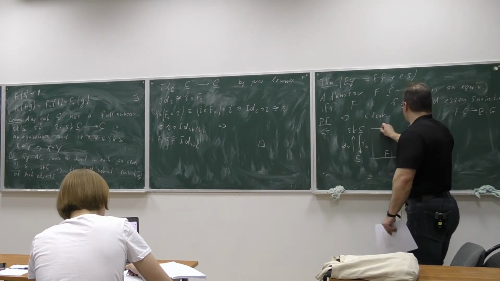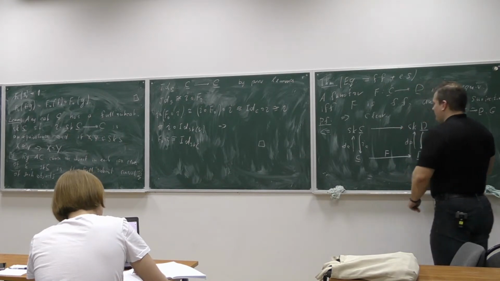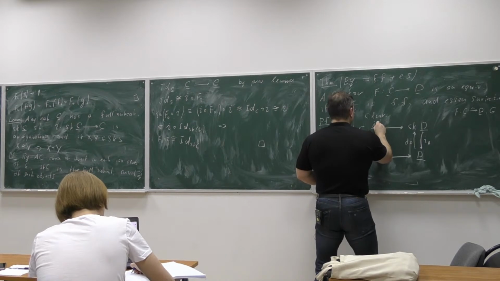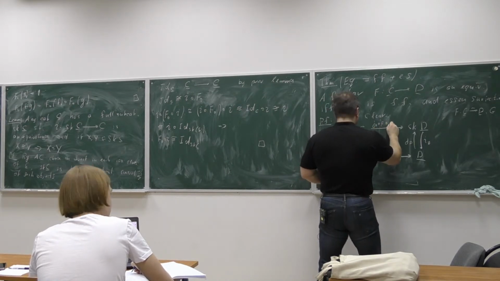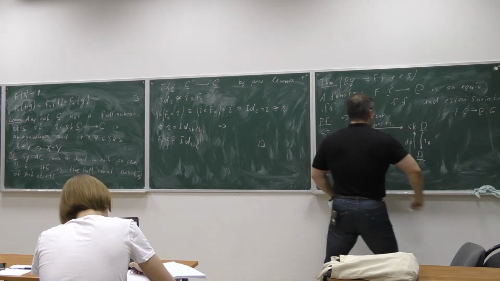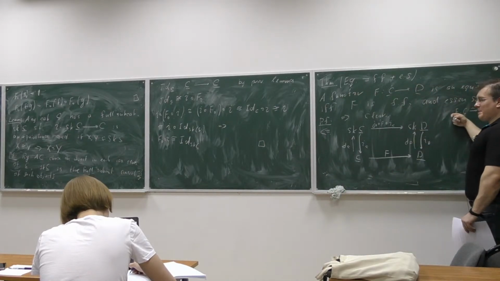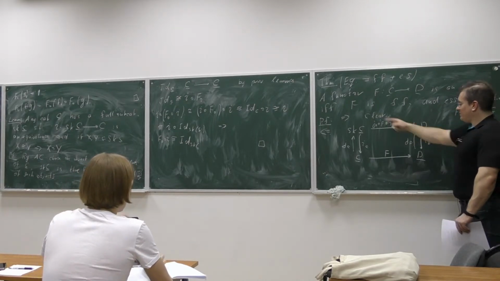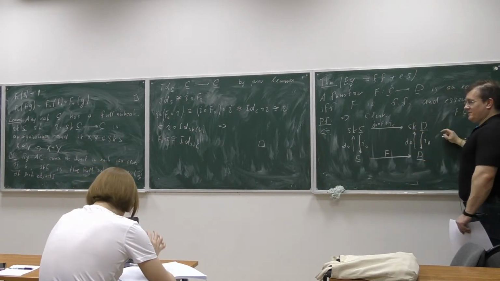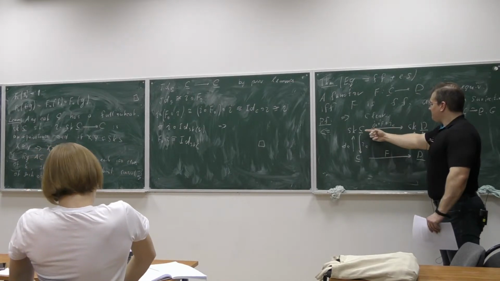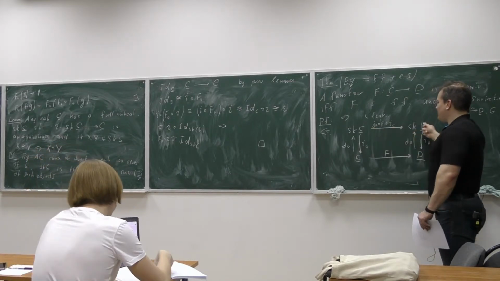So of course here I have a composition, so j_D composed with f, and composed with iota_C. Check this formula, I think that's correct. Right? So I'm going like this, and back like this. But here, this is an isomorphism of categories.